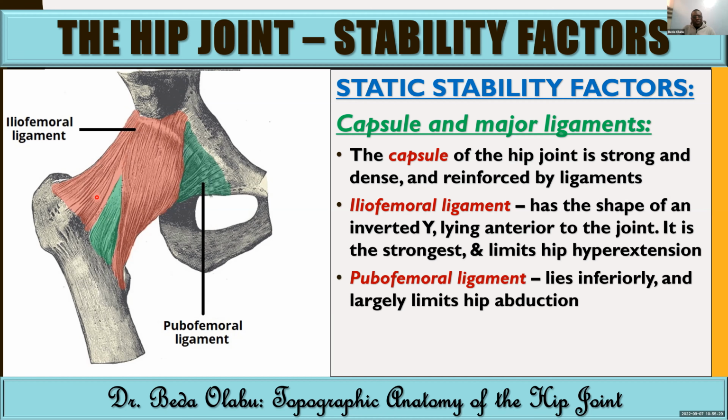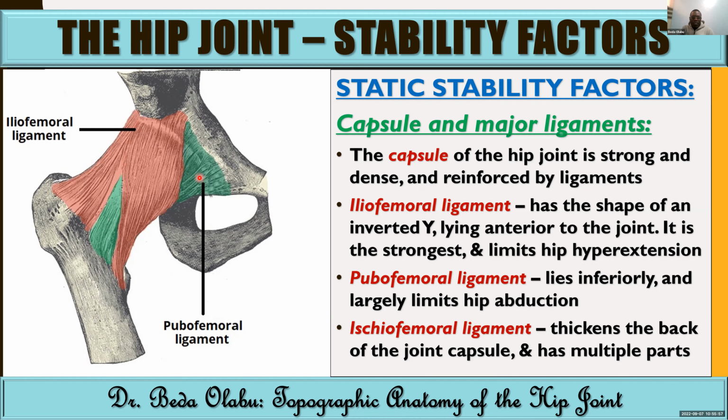Then we have the pubofemoral ligament, the one in green, if I get that color right. As the name suggests, it comes from the pubic bone and goes to the femur, so we call it pubofemoral ligament. It's attaching to the pubic bone there, and usually the ligament is relatively inferior, and so largely it limits hip abduction.